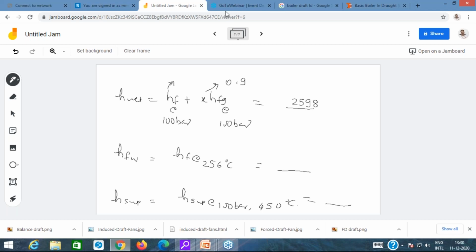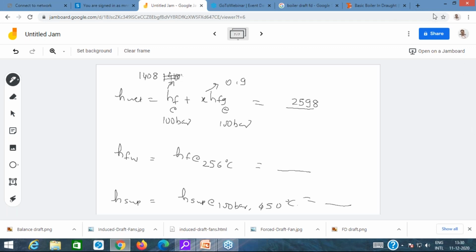Not 100 degrees centigrade, 100 bar. 1408. Is 1408 HF at 100 bar?